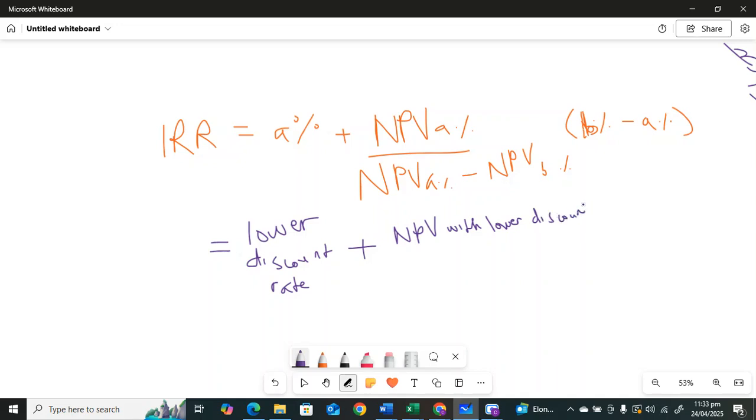And that's the NPV with the lower discount rate. Higher discount rate minus lower discount rate in this bracket.